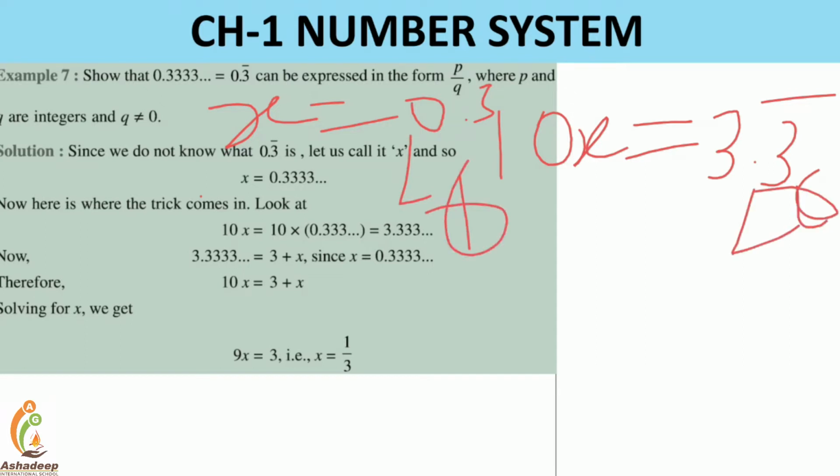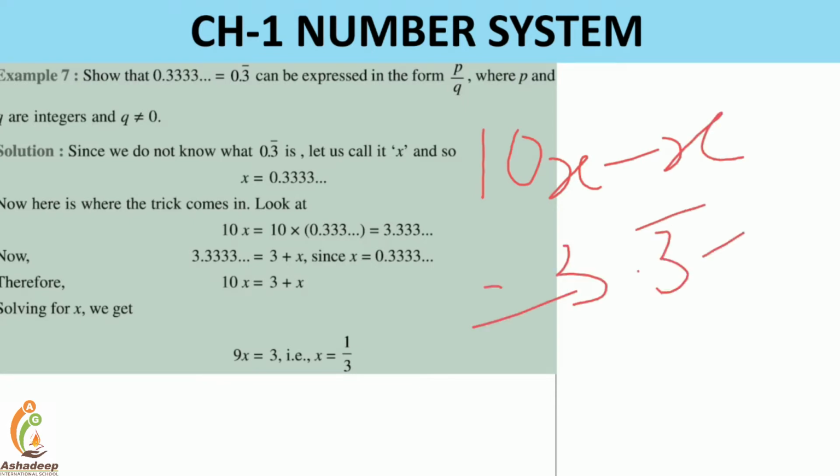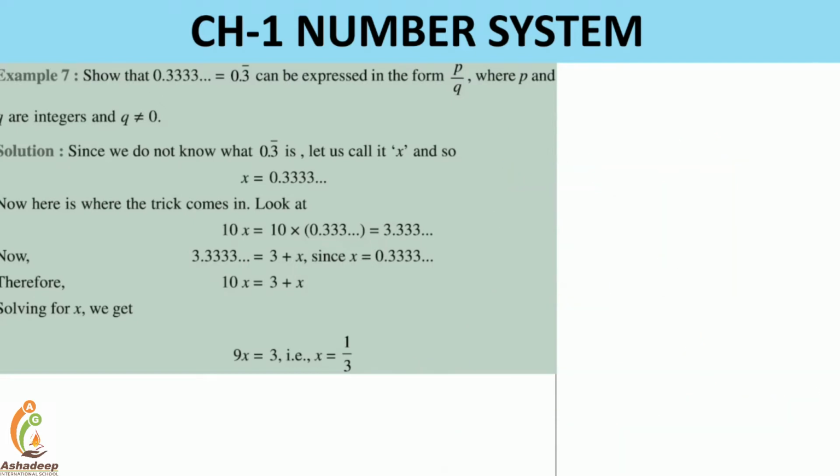Now subtract equation number 1 from equation number 2. The left side is subtracted from the left side, and the right side from the right side. So 10 minus 1 becomes 9x equals 3.3 bar minus 0.3 bar, which is nothing but 3. So 9x equals 3.